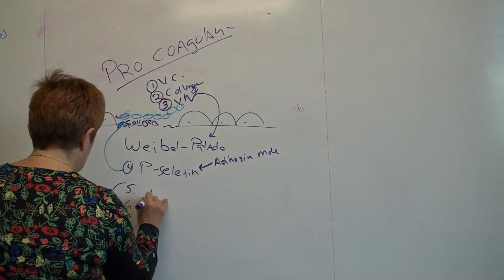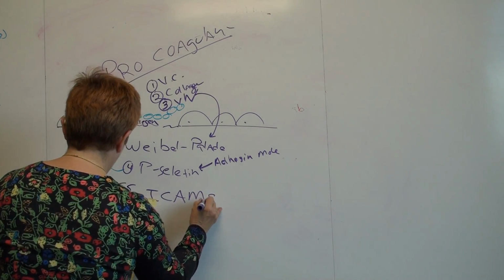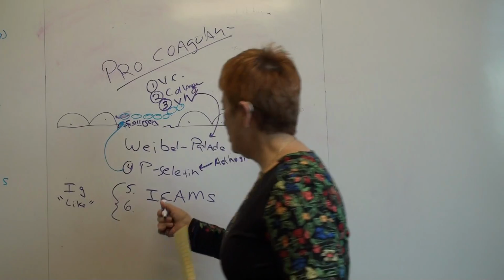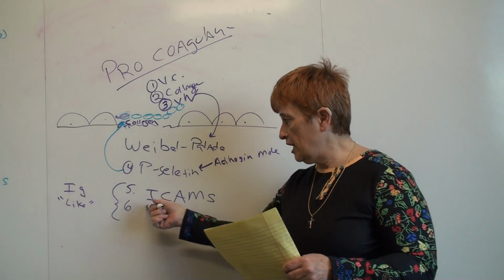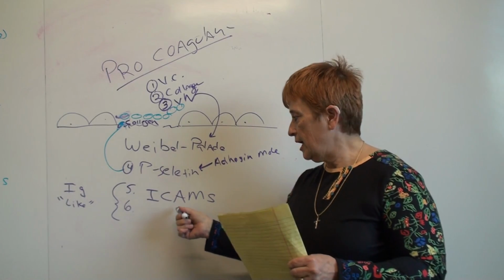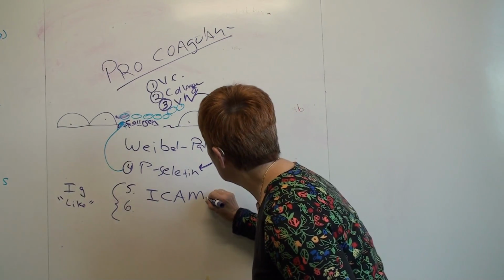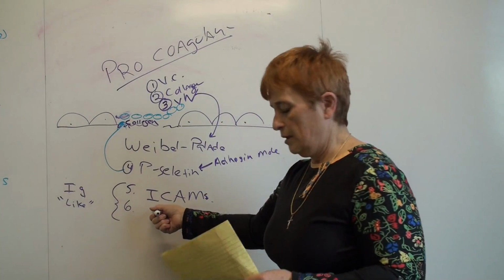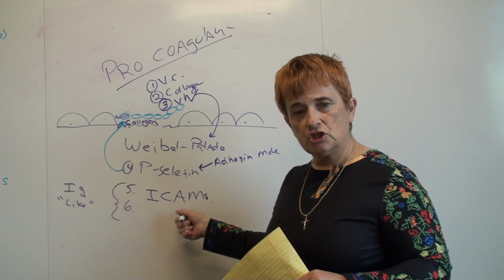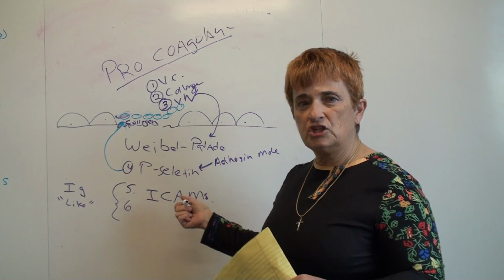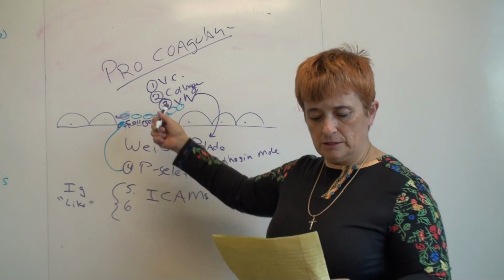These are called ICAMs. So we have a secretion of ICAM. ICAM stands for intercellular adhesion molecules. What do I need adhesion molecules for? I need them for my platelets.